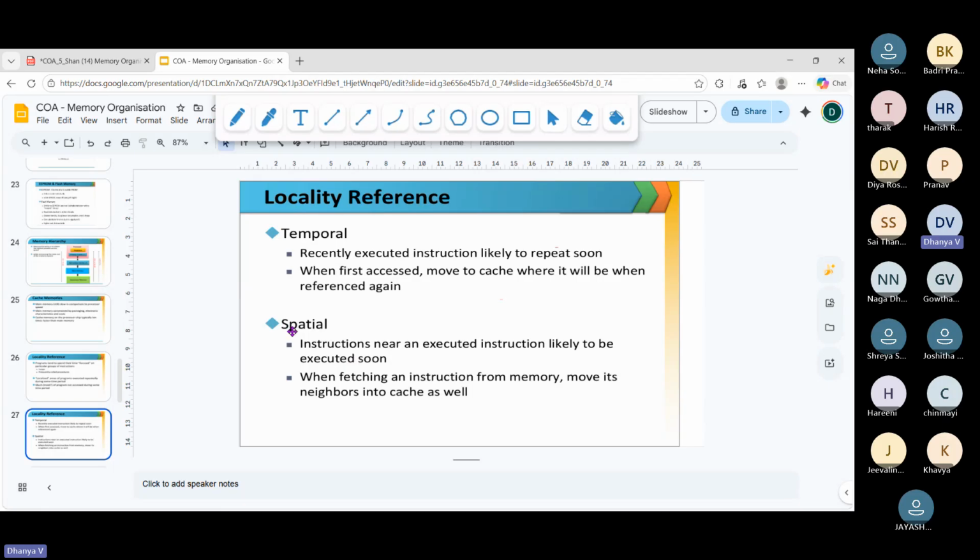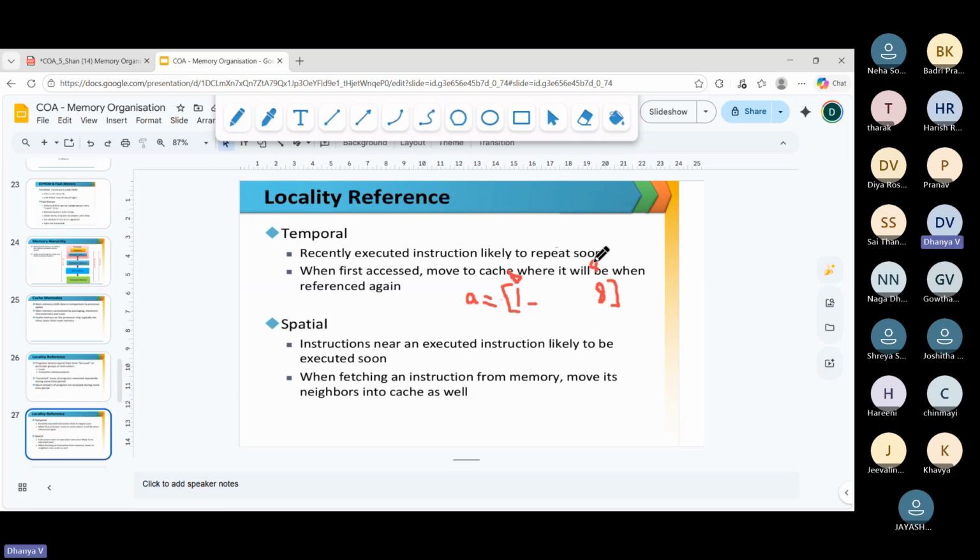Spatial locality is where an instruction near an executed instruction is likely to be executed soon. Let's say in your main memory you have an array from 1 till, say, 8: A1, A2, A3, till A8, with addresses, and this is 0 to 9, like your index.